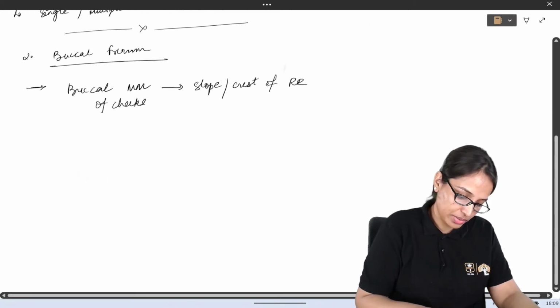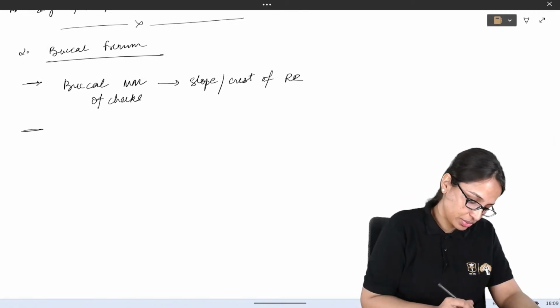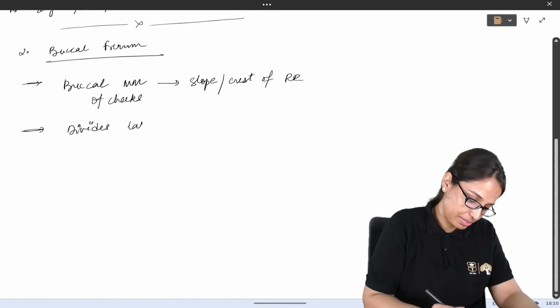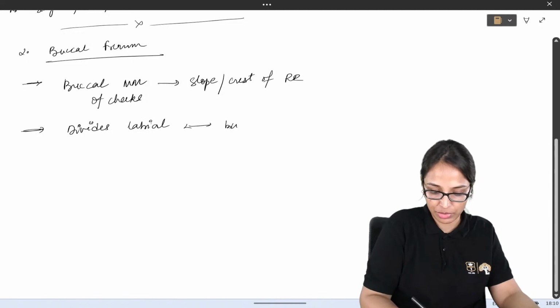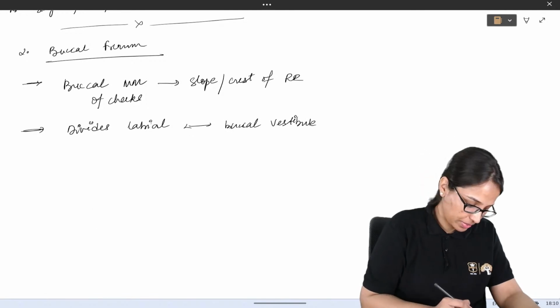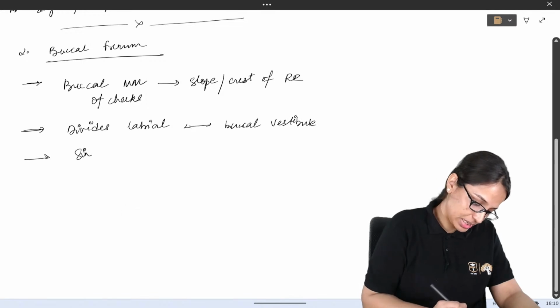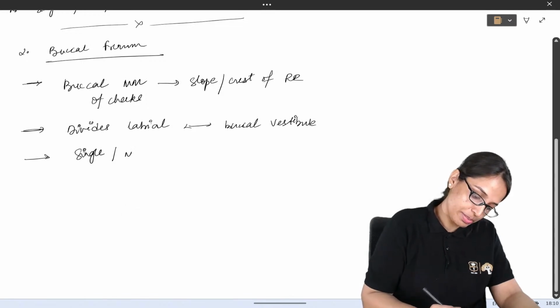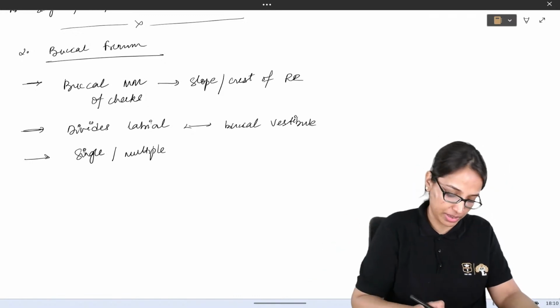You will see it on the aspect of the cheek on the buccal side. What does it do? It divides your labial and buccal vestibule. So labial and buccal vestibule are divided with your buccal frenum. A very important point here is that it could be single, it could be multiple also. So you could find multiple folds of buccal frenum, right?